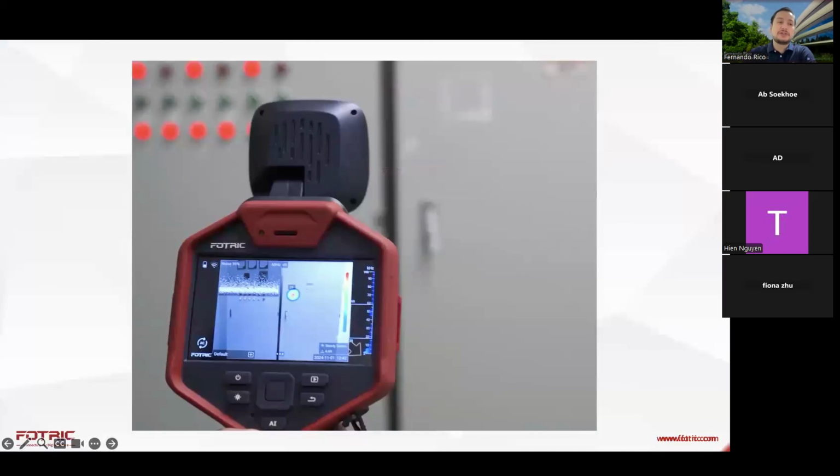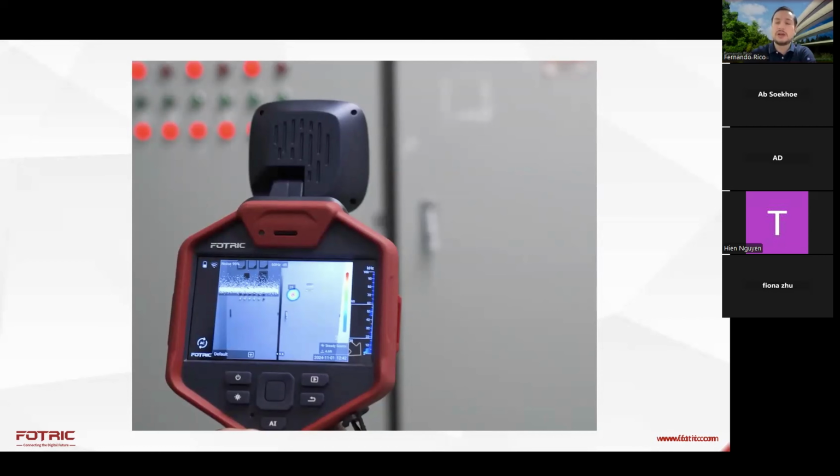Because this feature is available in FOTRIC acoustic cameras, they are a great tool for mixed cameras. When you're doing a thermal imaging scan of an electrical enclosure, you want to be sure that there is no arcing occurring inside, because the moment you open that enclosure, there could be an accident, an arc flash explosion.